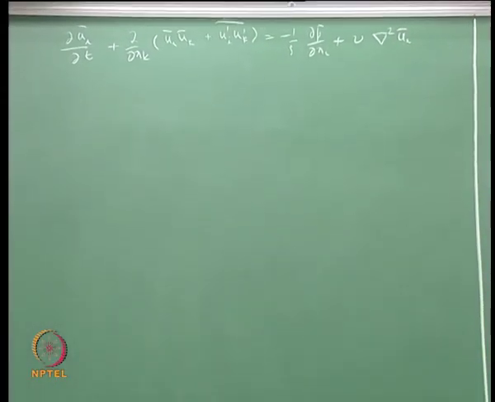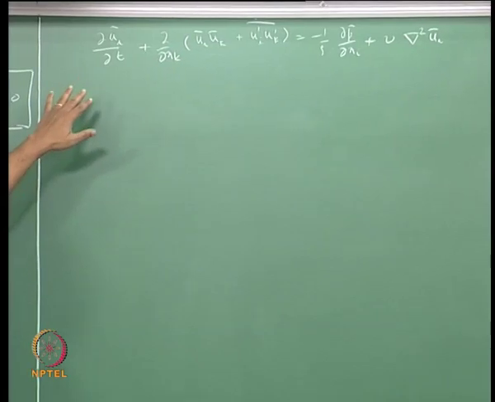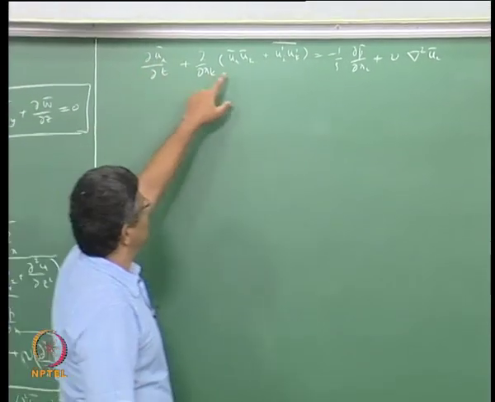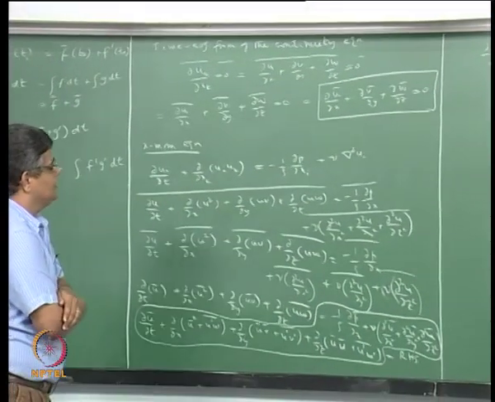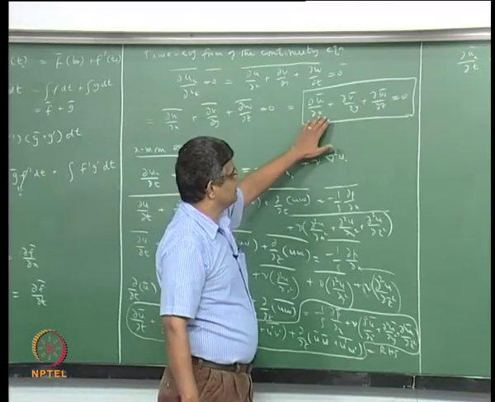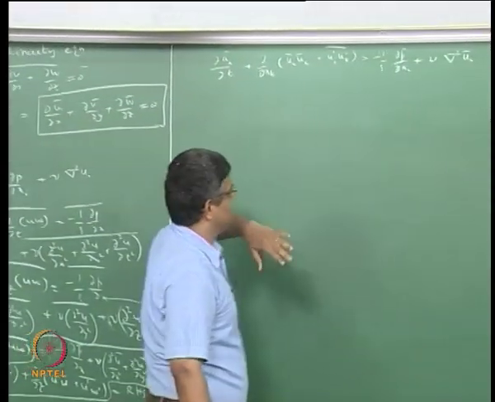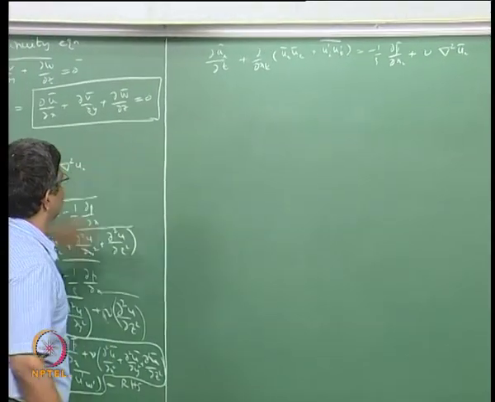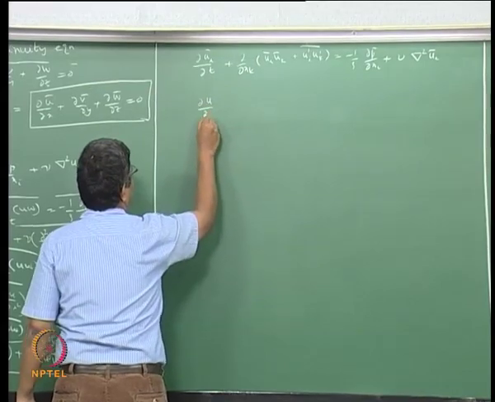So we have a time averaged momentum equation in which the variables are the time average quantities. And what do we have here? If you look at the continuity equation and the three momentum equations which are expressed here, we can write this down for the sake of better understanding.